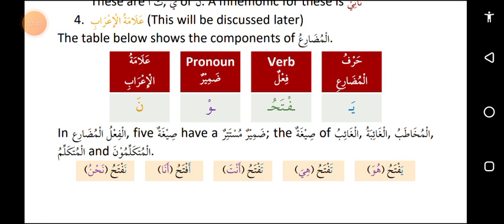Okay, the table below shows the components of al mudari. So al mudari, the word is yaftahuna. Yaftahuna starts with a ya, which is the huruful mudari, the alamatul mudari, right? And then fa, ta and ha are of course the root letters, the verb. And then the damir, or the pronoun, which is waw for the jama.